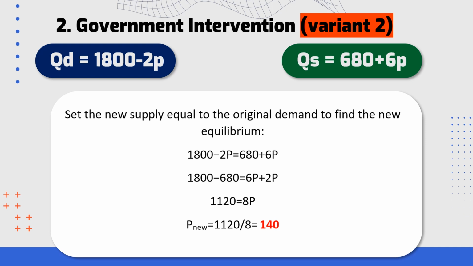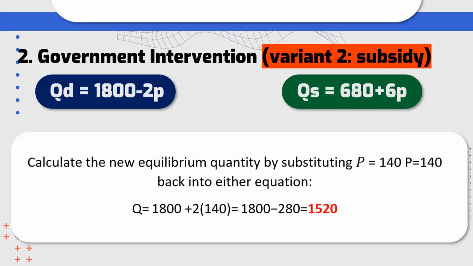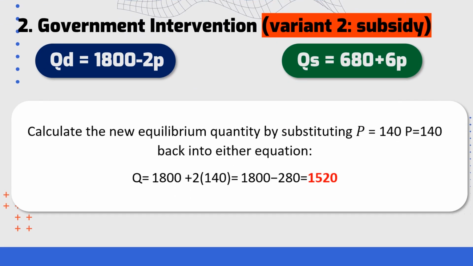We just have to equate the new, second modified supply curve to the original demand equation, which has remained the same without any kind of intervention. So the new equilibrium price is 140, while the new equilibrium quantity is 1,520. So in this case, people tend to buy more because the price is cheaper.